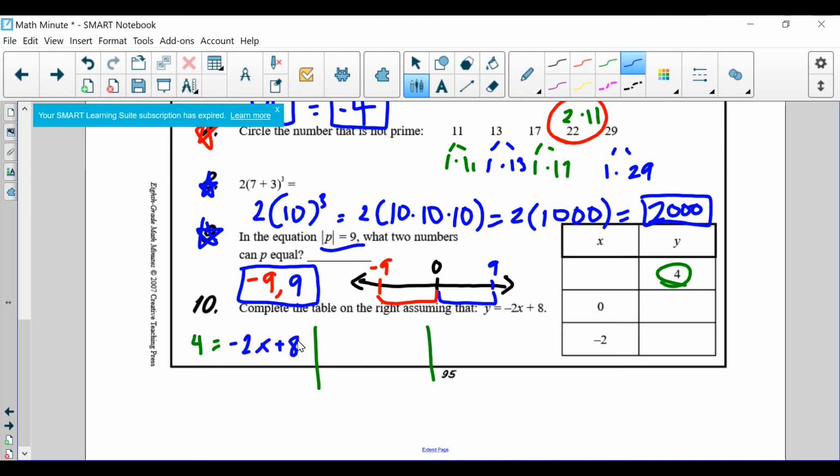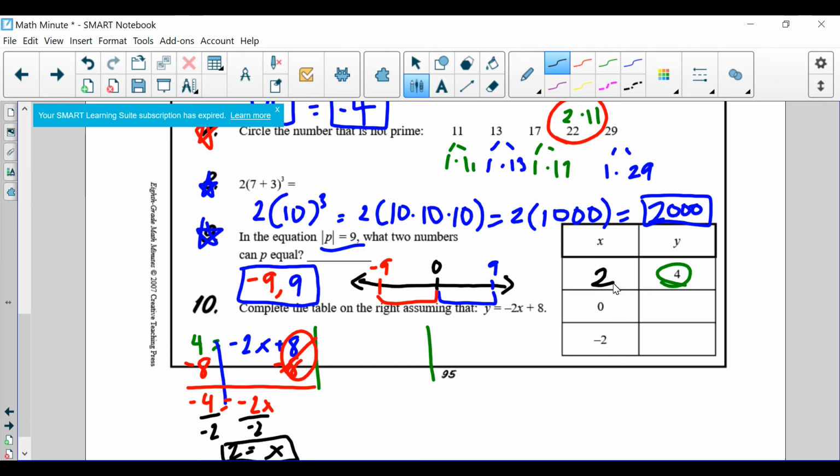Okay, and then I'm going to take away 8 from both sides here. We've got -2x is equal to -4. Then you're going to go ahead and divide by -2. And we know a negative divided by a negative is going to be a positive. -4 divided by -2 is going to be 2. So our answer is going to be 2. So the input is 2.